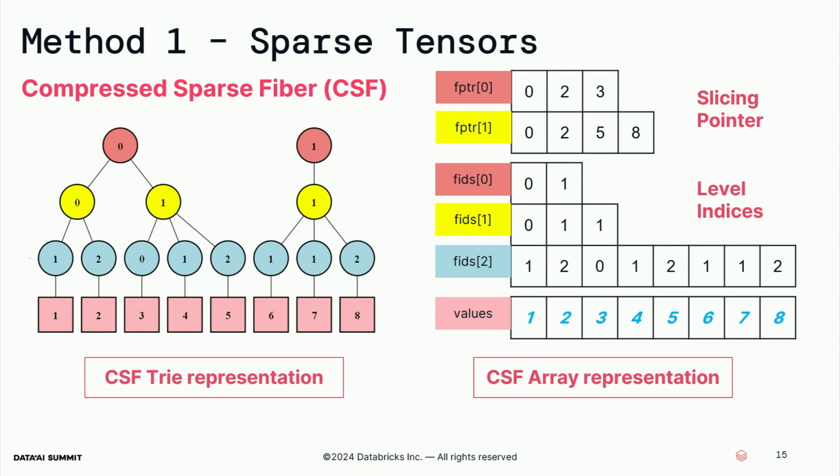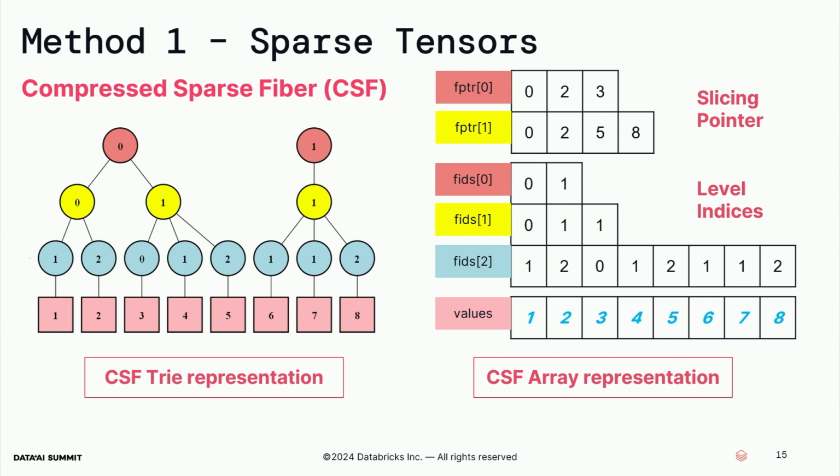But here comes the problem. How can we represent this tree representation in the program? Our implementation is to pack it into separate arrays. There are multiple categories of arrays: slicing pointer, level indices, and also values. The slicing pointer is actually in the form of a prefix sum.